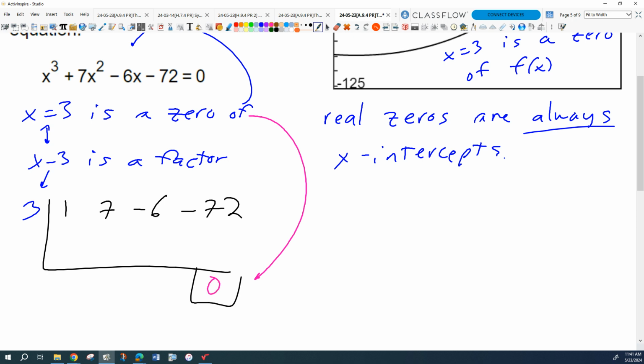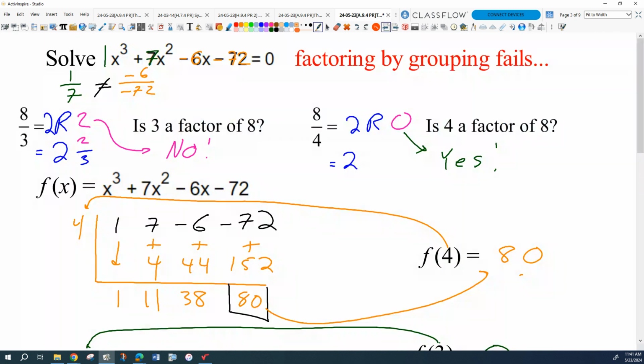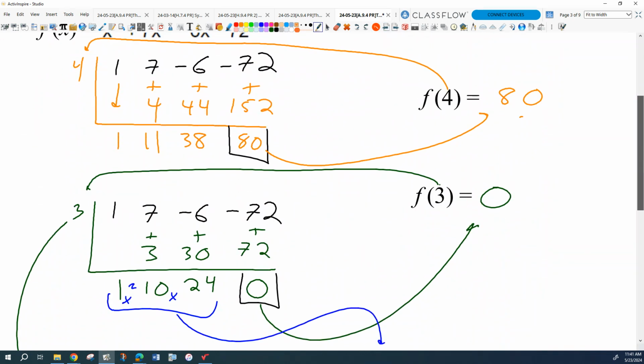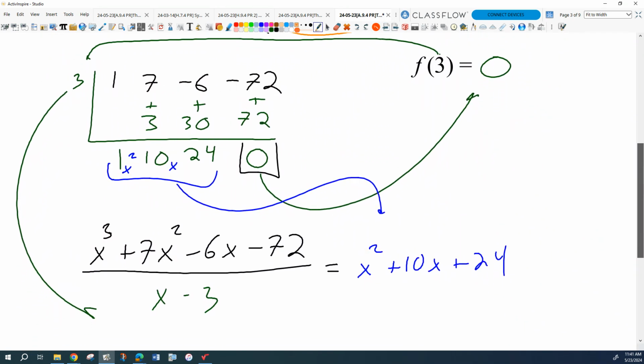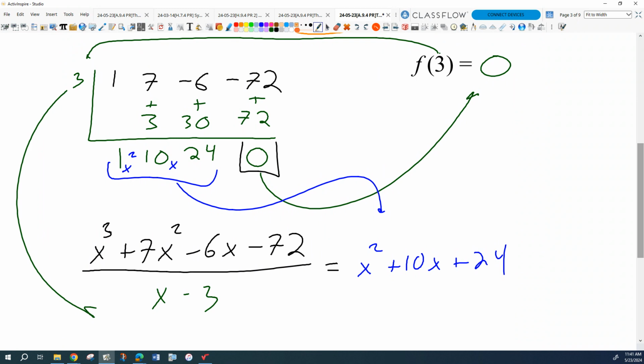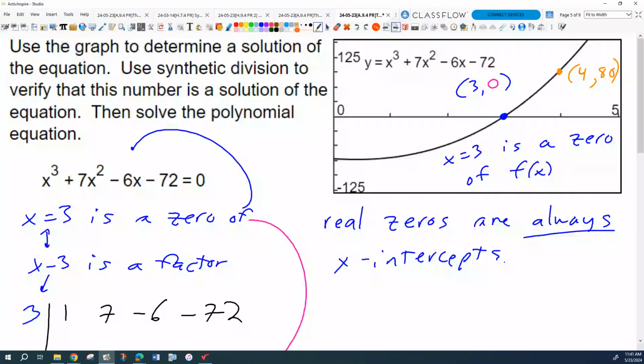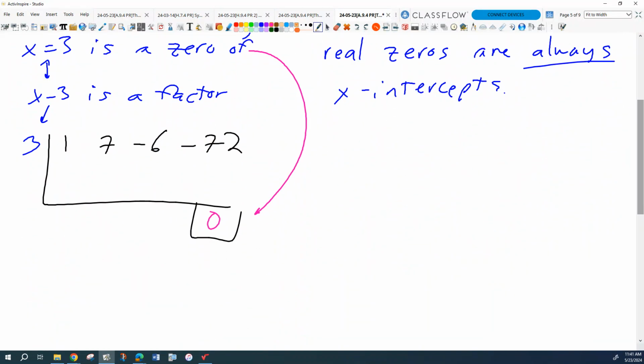We already did this one, right there. And what did we get? 1, 10, and 24, right? So we already know what the outcome is going to be. We get 1, 10, and 24.